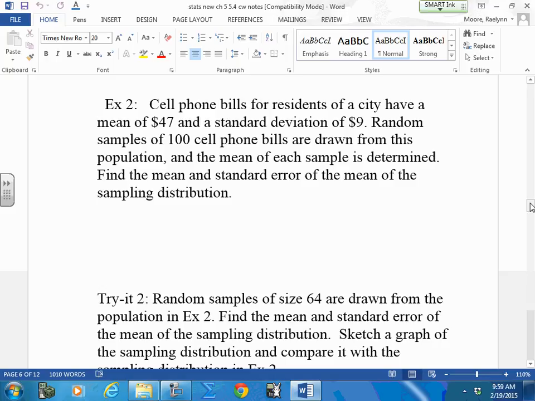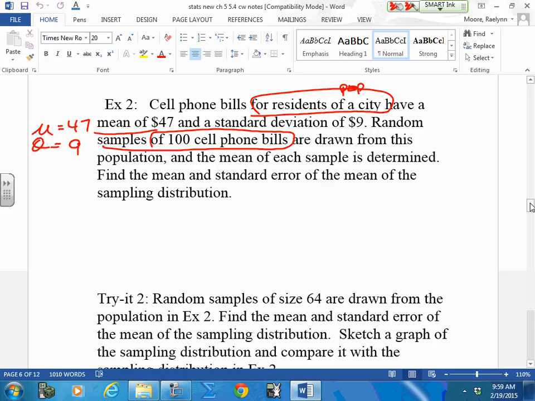Cell phone bills for residents of a city. Here's your population, residents of an entire city, with a mean of $47 and a standard deviation of $9. Random samples of 100 cell phone bills are drawn from this population.